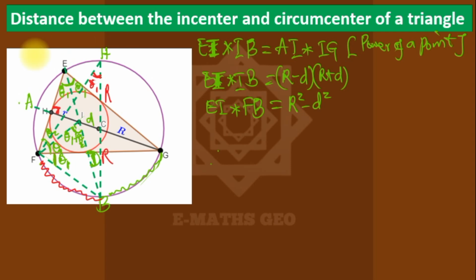I'm trying to say that, using similar triangles, that triangle E, okay, here we have H here, so let's call this J.